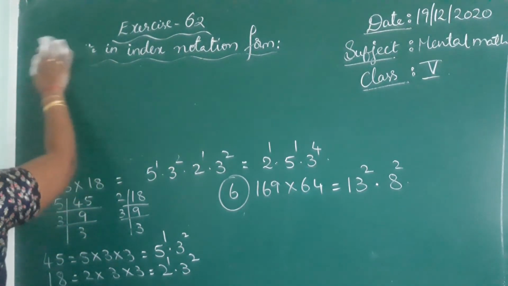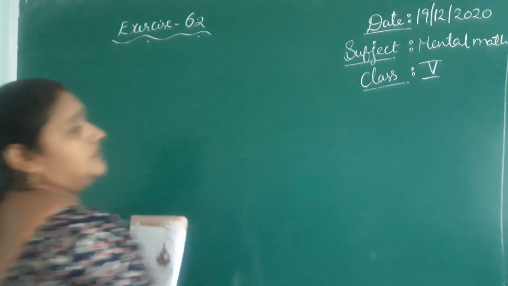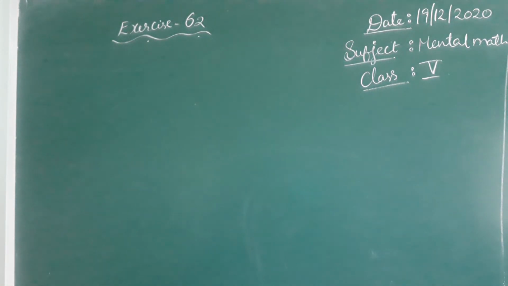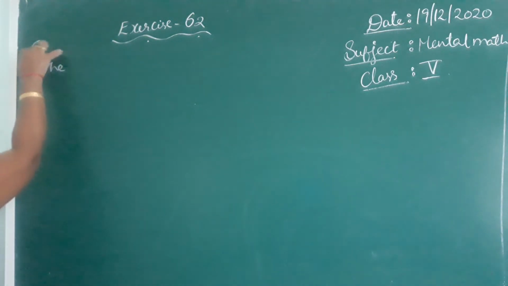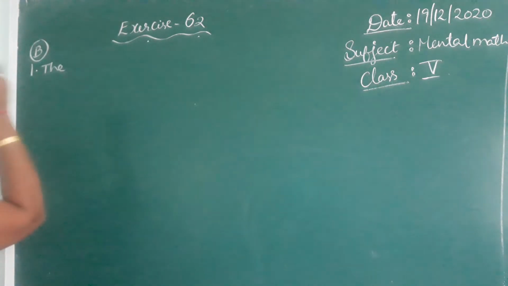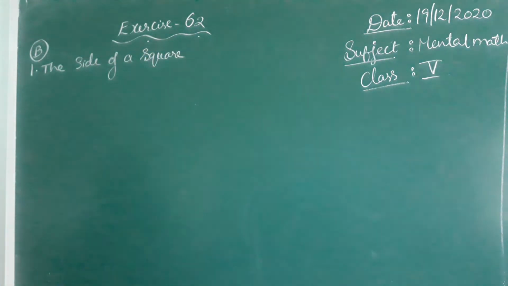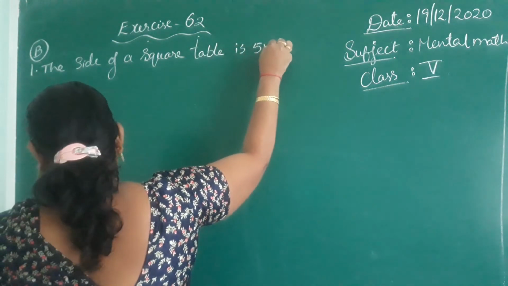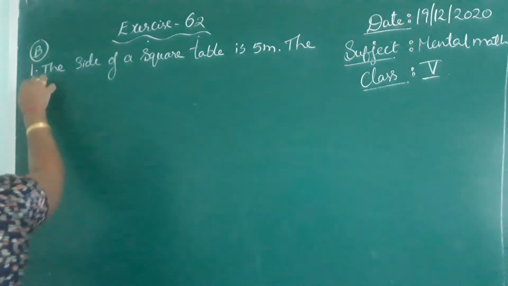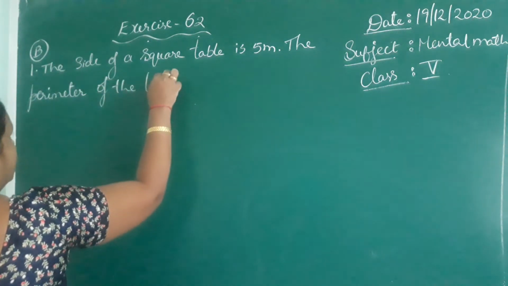Now, first one, B Roman first. The side of a square table is 5 meters.